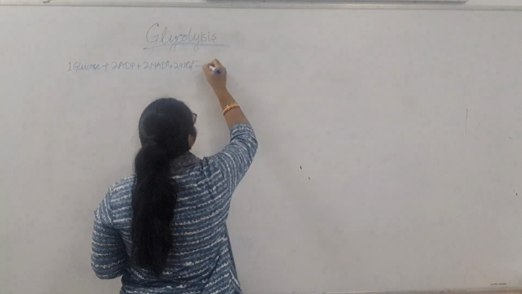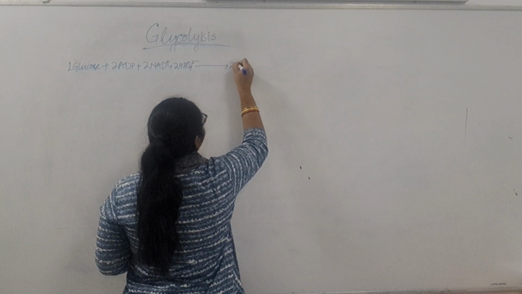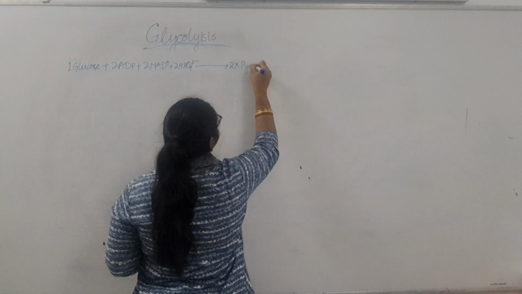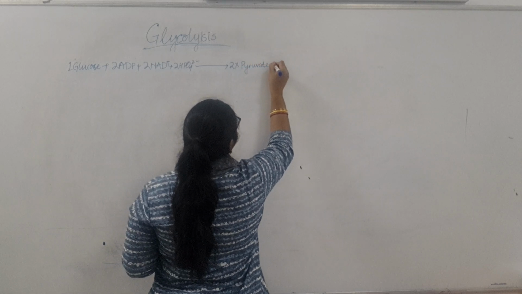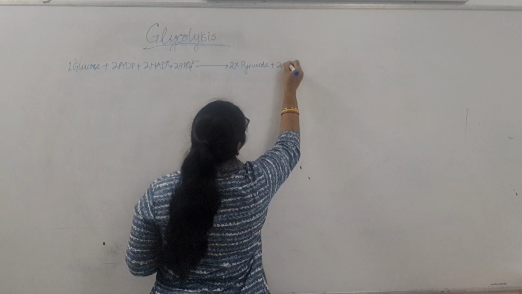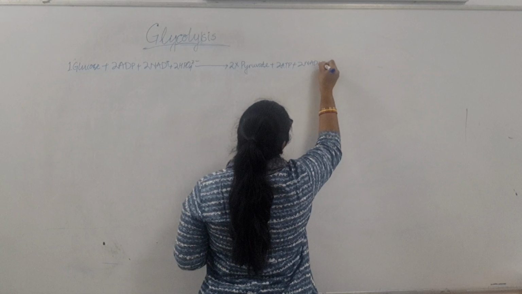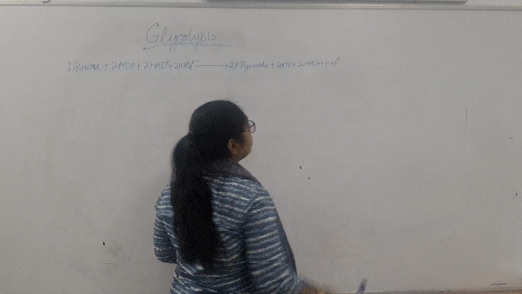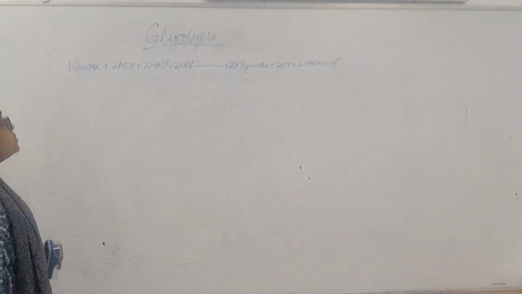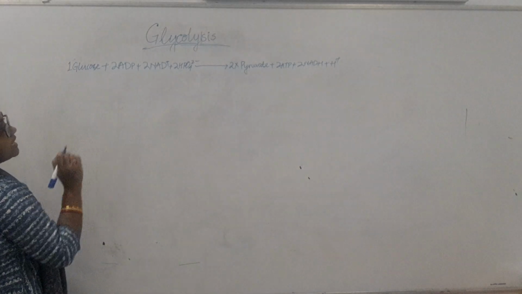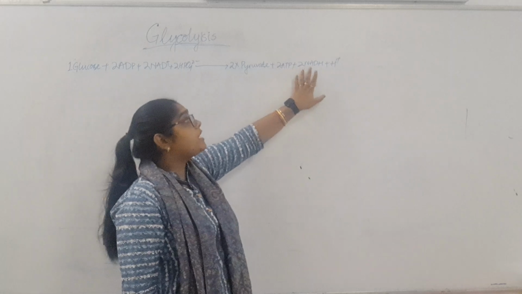It produces 2 pyruvate, 2 ATP, 2 NADH plus hydrogen ion. Okay, so in glycolysis we are getting 2 ATP and 2 NADH.